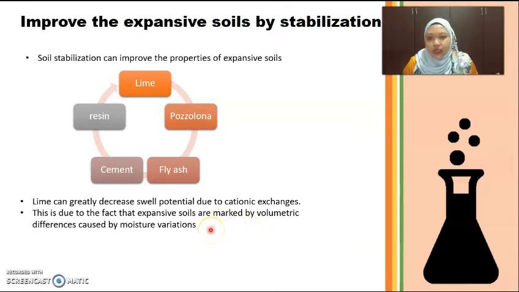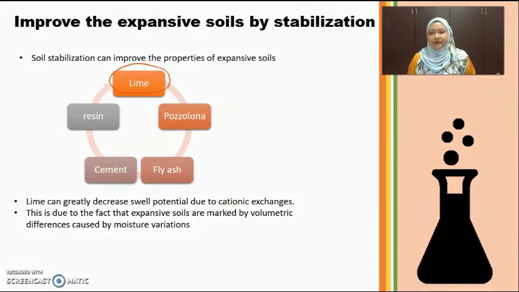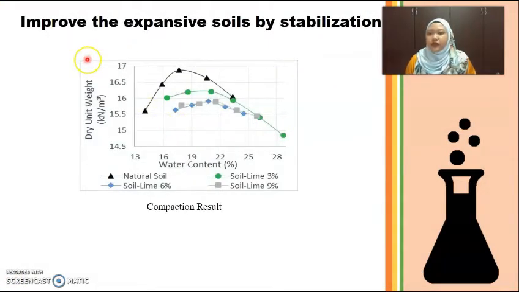The most effective and also economical material that can be used to stabilize the soil is lime. This is the graph where we use lime mixtures to stabilize the soils.